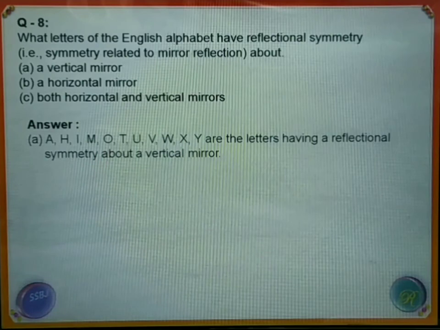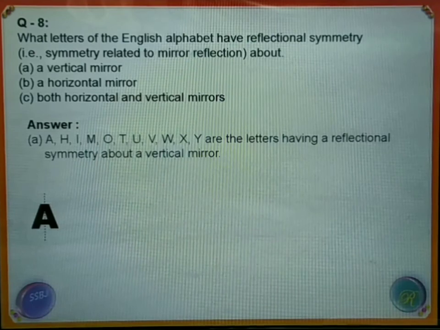Solution. A. H I M O T U V W X Y are the letters having a reflectional symmetry about a vertical mirror, which you can see below.